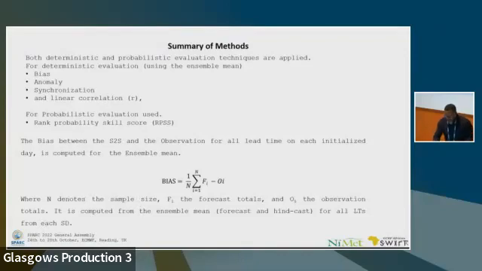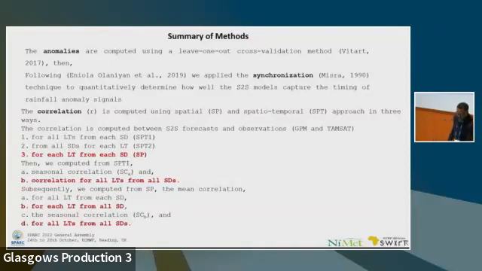I wouldn't want to go into how we computed the bias, but it is important that I talk about how we computed the correlation scale. The correlation scale is computed for all lead times from each start date, and for all start dates for each lead time.